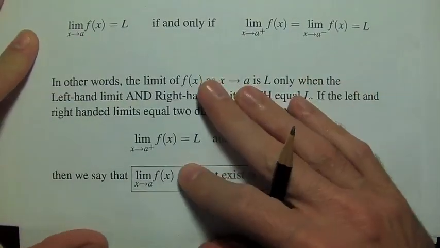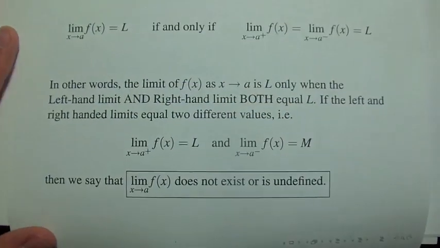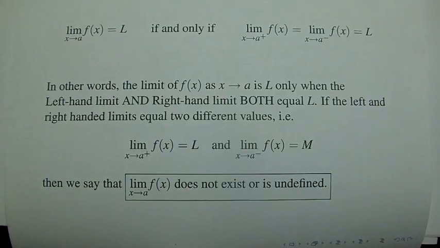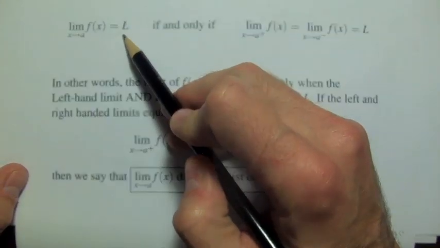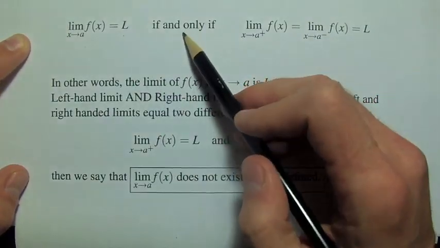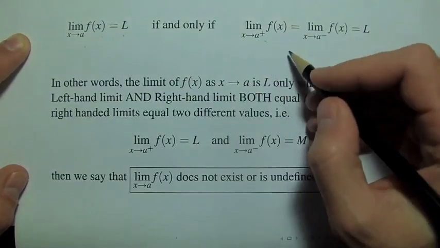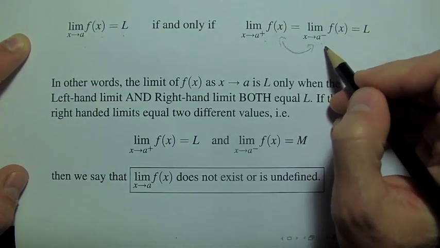The only way a two-sided limit can work, remember, a two-sided limit is our usual limit, is this: the limit as x goes to a of f of x is equal to L if and only if the right-sided limit is the same as the left-sided limit.